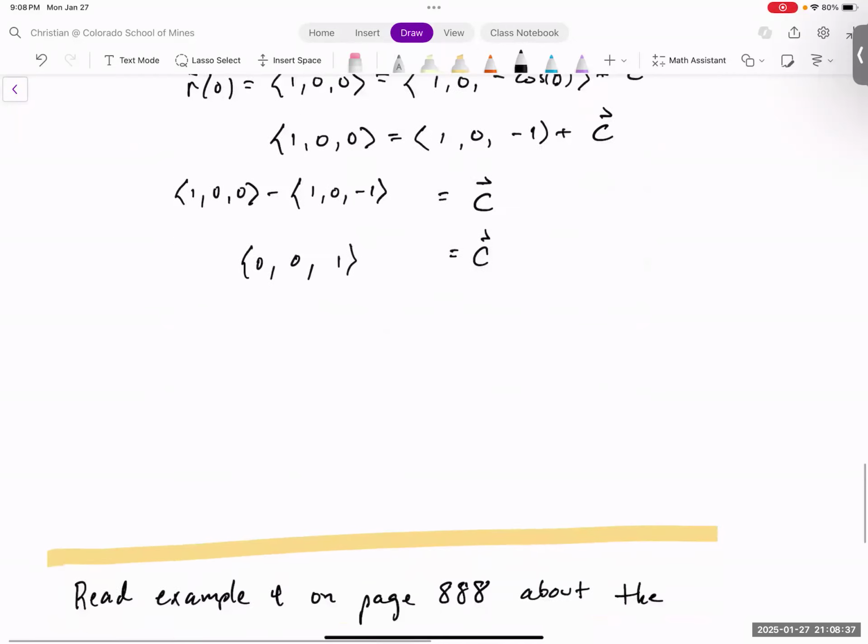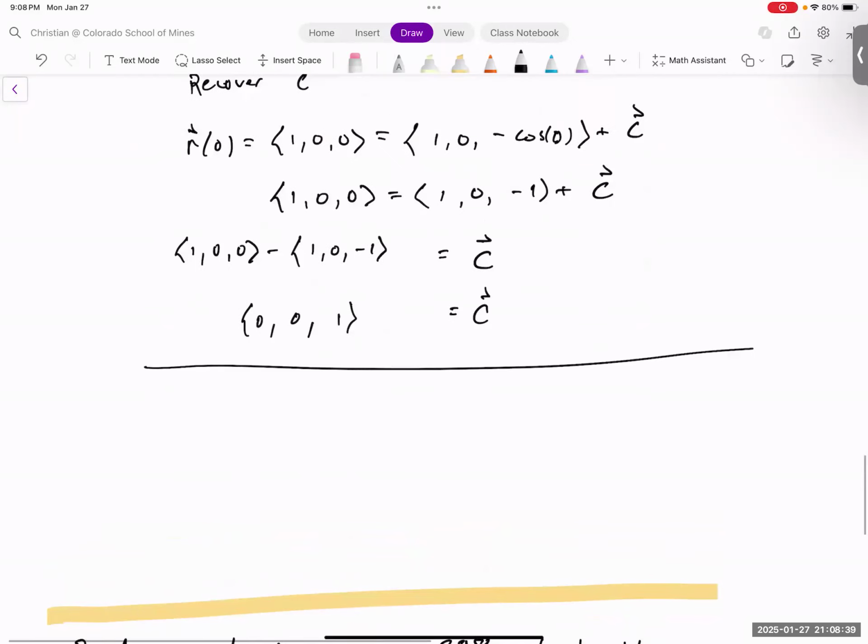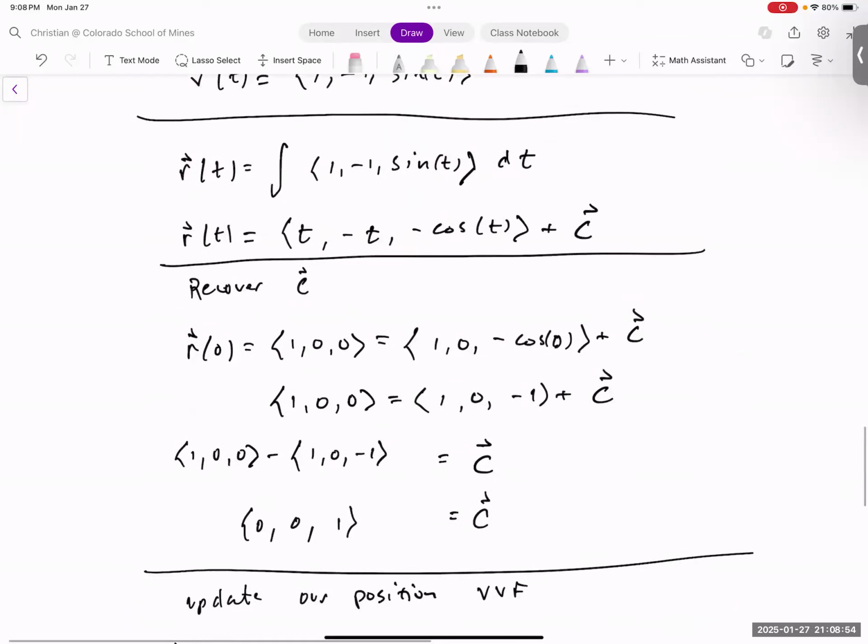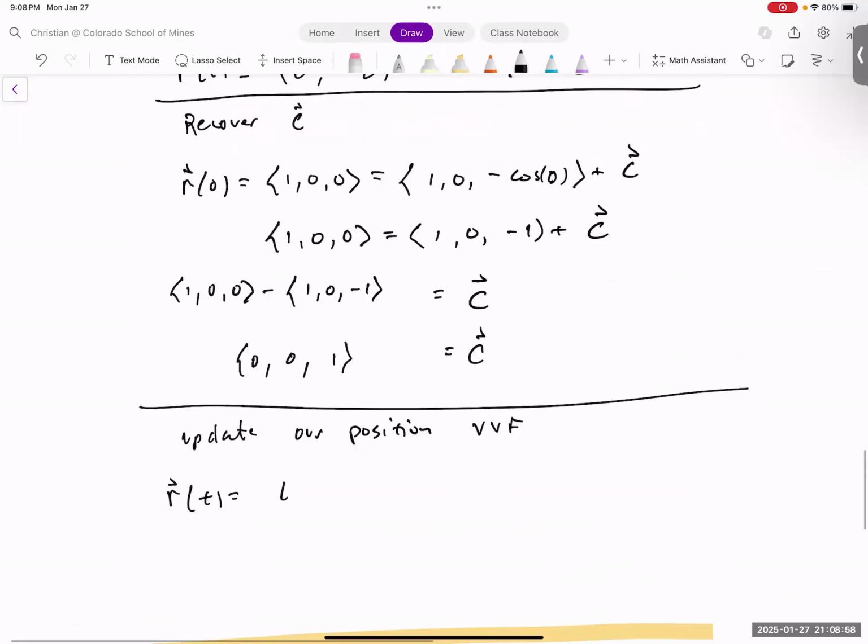That's our C. So then finally, to update our position vector-valued function, r of t was t, negative t, negative cosine t, and we're going to add the constant 0, 0, 1.